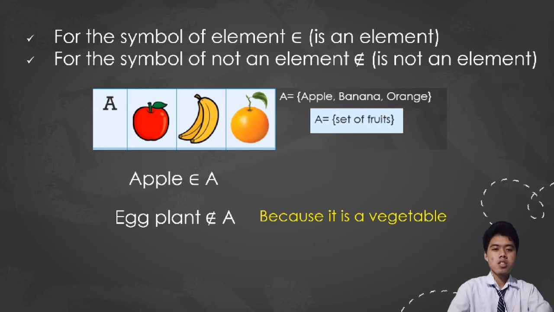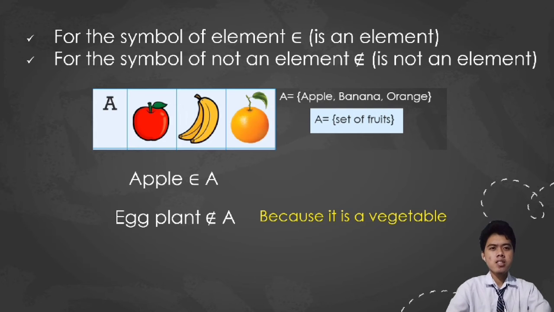So, next, for the symbol of element, ganyan yung itsura niya. Parang capital letter E na parang C. Then, if we read this sign or symbol, ang basa is an element. However, for the symbol of not an element naman, may slash yung element natin.